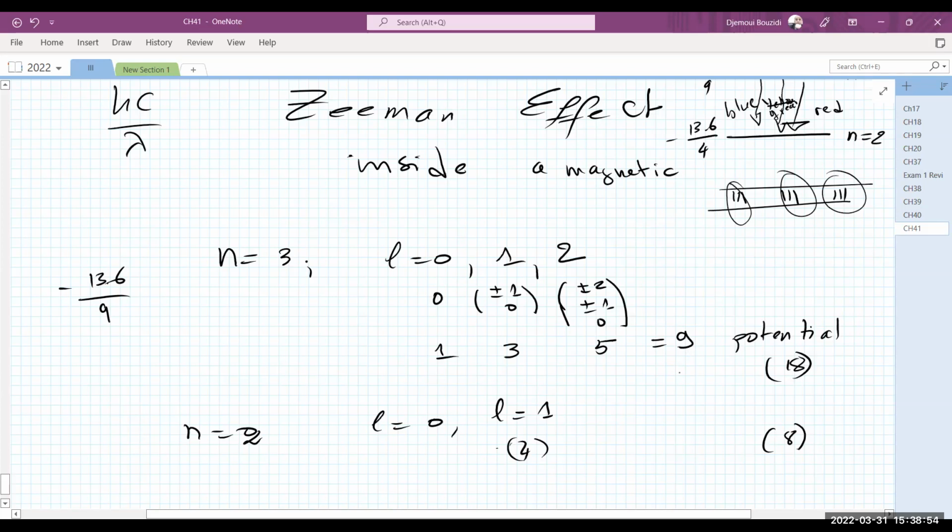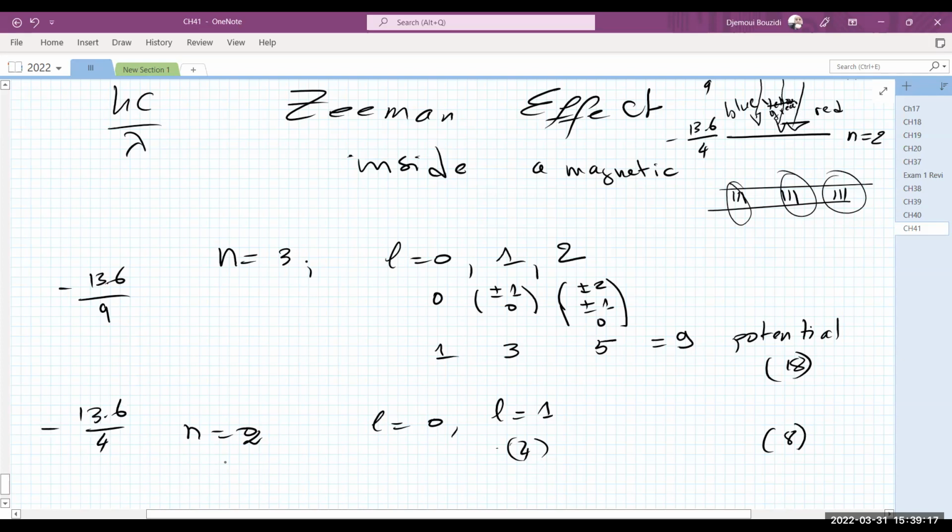And now we know because of the spin, each electron will have either an up or down spin. So in this case, you could have up to 18, not 9. So the degeneracy, according to this model up to this point, is 4, but in actuality it should be 8. And that is all corresponding to the same energy level, negative 13.6 divided by 4, which is 2 squared in this case.